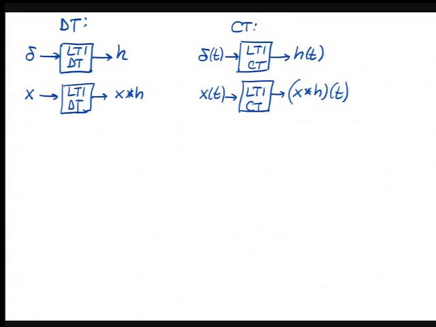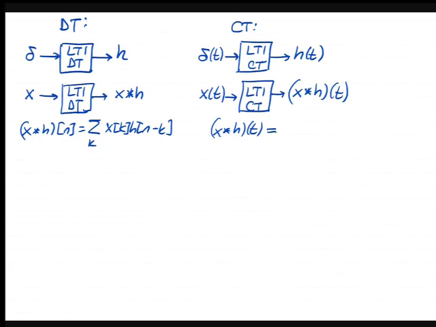Make a guess then. X star h of n in discrete time was the sum over k of x of k, h of n minus k. Just by pattern matching, can you predict x star h of t? Let's be careful.